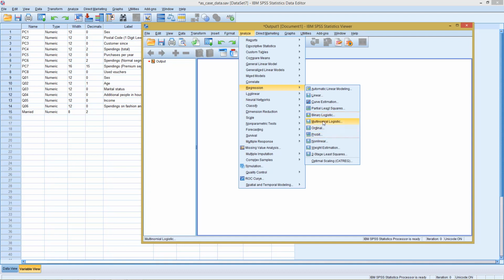Probit would be here. Binary means we have a 0, 1 variable as dependent. Multinomial logistic means we have a nominal variable which has more than 2 possible categories. With Probit, both of those are under this one command.